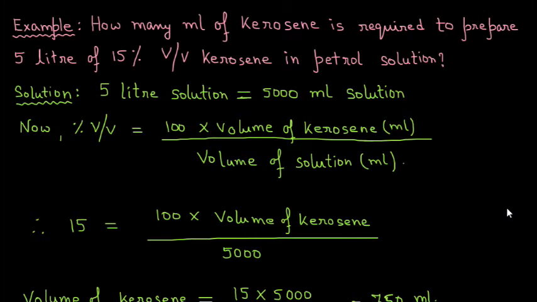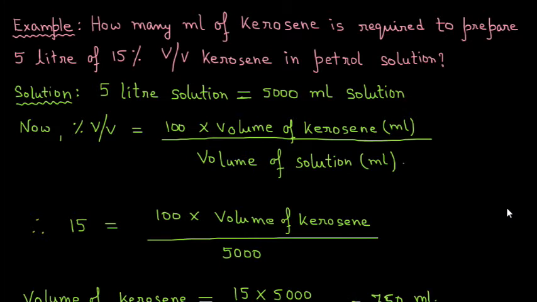We need to find volume of kerosene. So 5 liter solution is equal to 5000 ml of solution. Now we'll put the formula for percentage V by V is equal to 100 multiplied by volume of kerosene in ml upon volume of solution in ml.